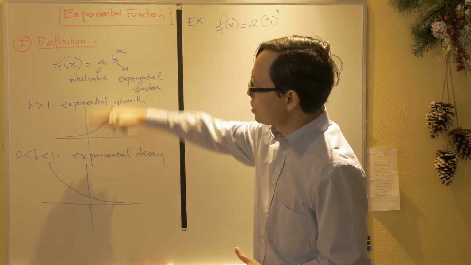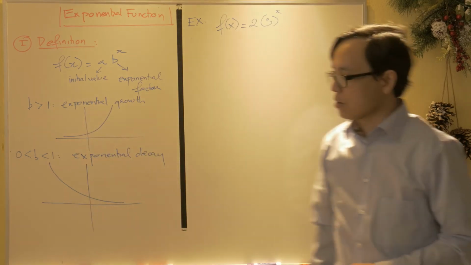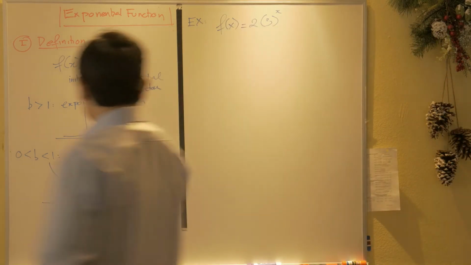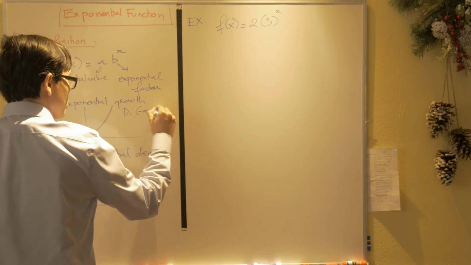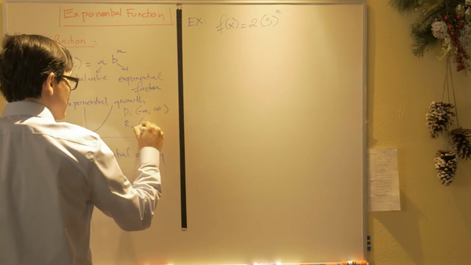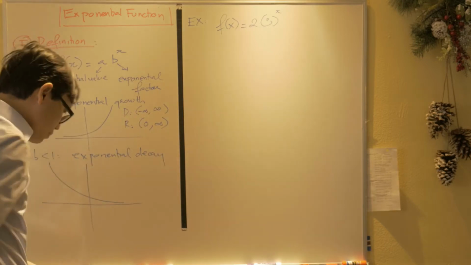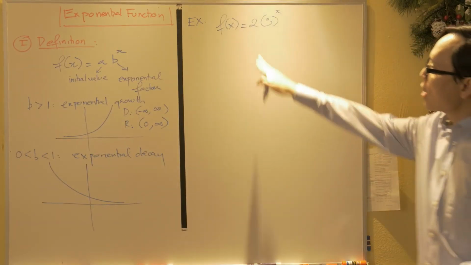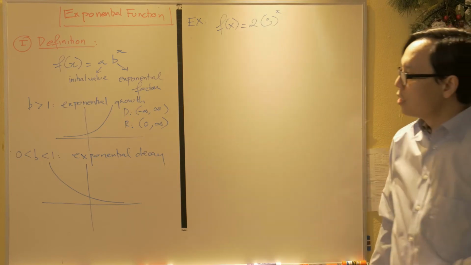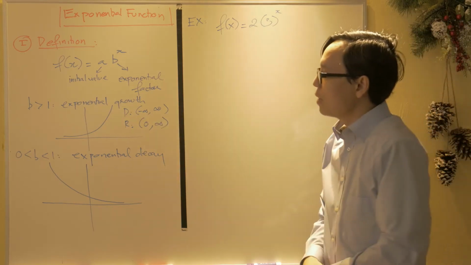So the domain will be negative infinity to positive infinity, and the range is from 0 to positive infinity. The function I gave here is a typical example of exponential growth.